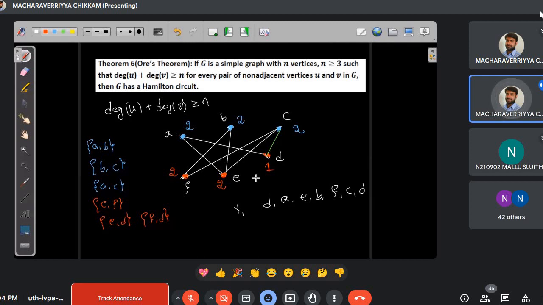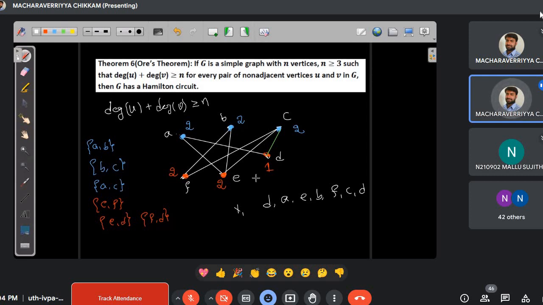This is also an example to say that this condition is not necessary. This example illustrates that the above condition is not necessary. It is just sufficient. If a graph satisfies this condition, I can say that it has a Hamilton circuit. But if it is not satisfying that condition, we cannot comment anything using this theorem.